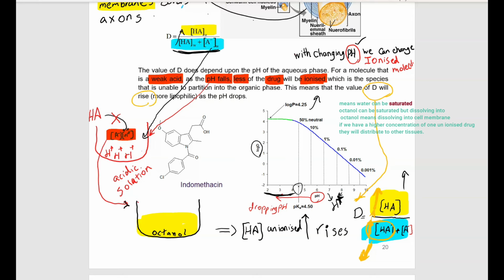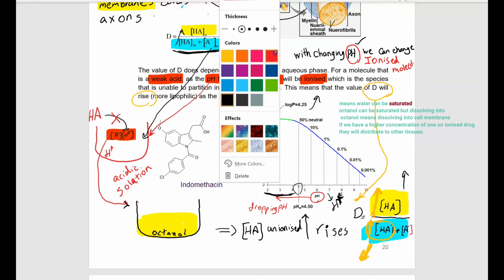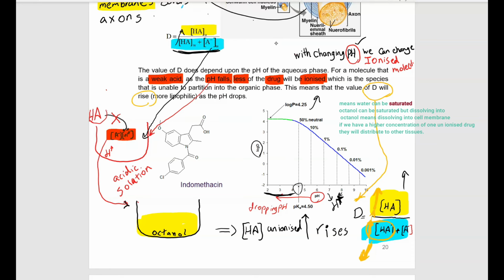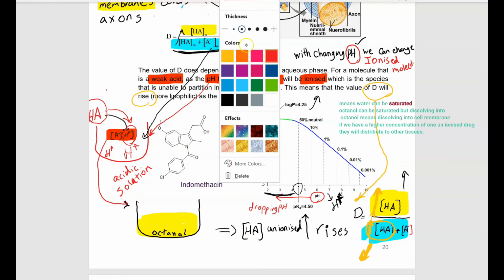So now your weak acid tries to make more ionized molecules to produce more hydrogen ion. So it dissociates more.